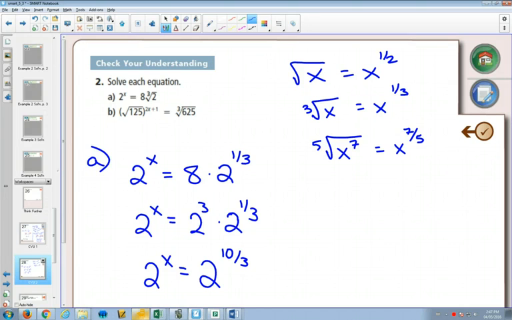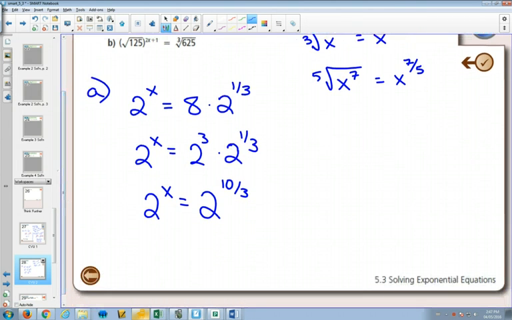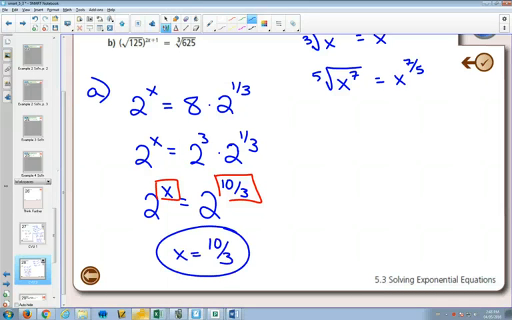Because 3 is the same as 9 over 3, plus 1 over 3 would make 10 over 3. And now that you've got a single power with the same base on the same side, again, you might notice that those two have to be the same. So in this case, x would have to be 10/3.